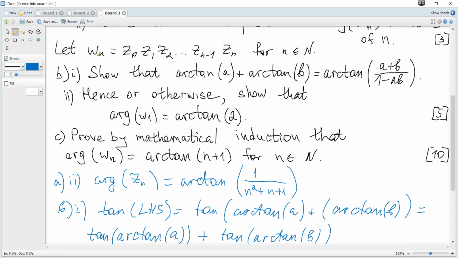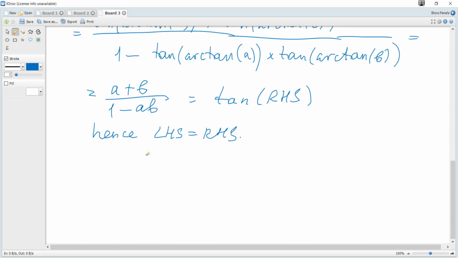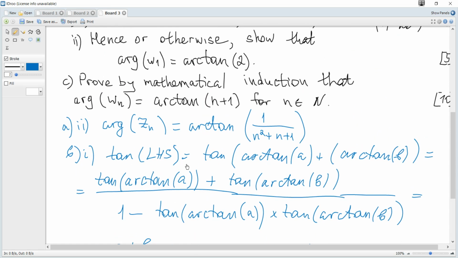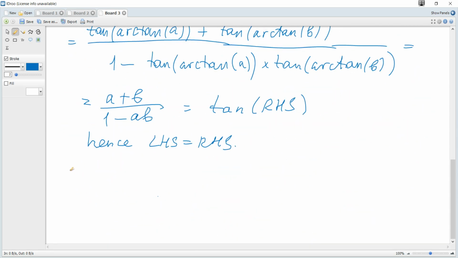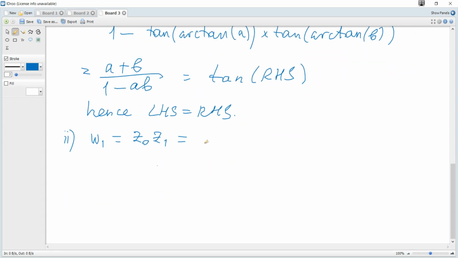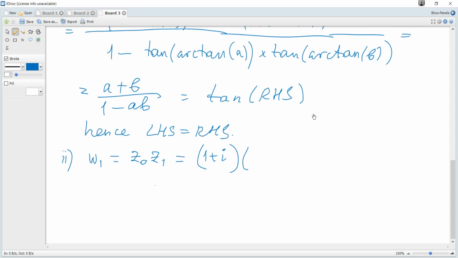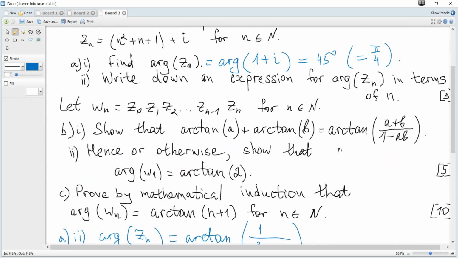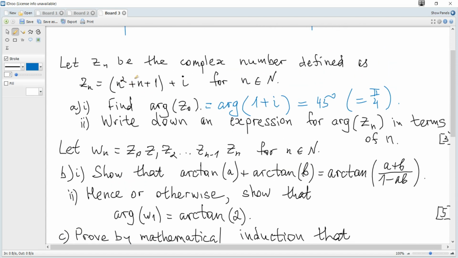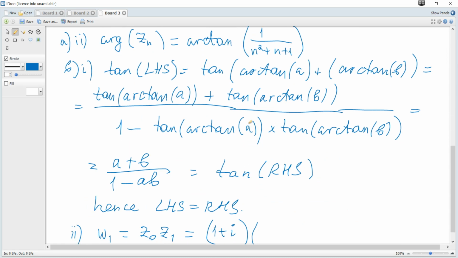What is w_1? It's the product z_0 times z_1. z_0 is when n is 0, it's just 1 plus i, and z_1 is when n is 1, it becomes 1 plus 1 plus 1, it's 3 plus i.